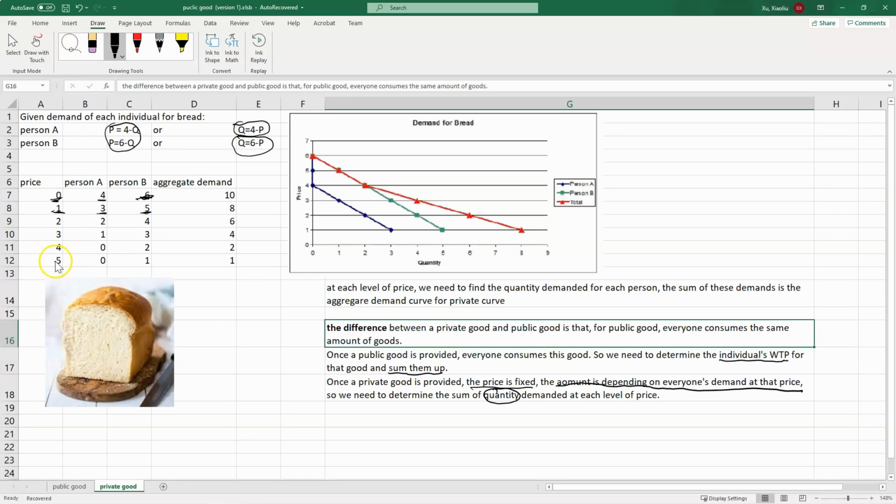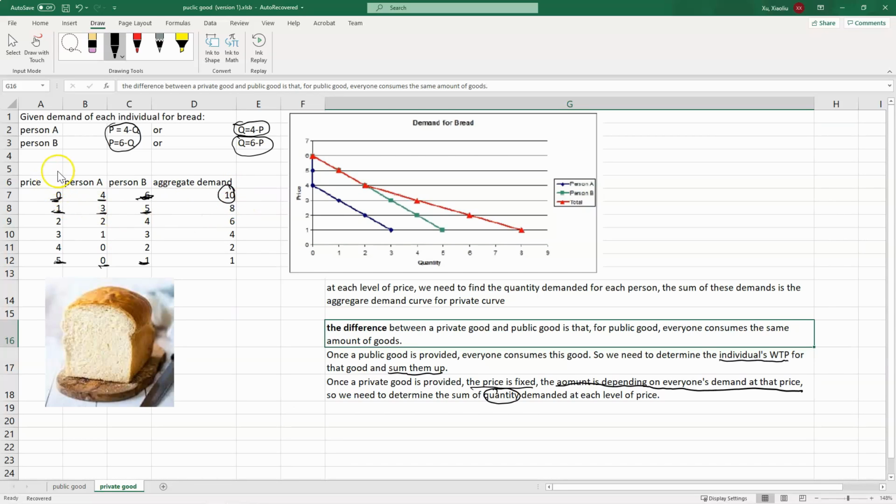If the price is equal to 5, A would demand 0, and also B would demand 0. And then we aggregate the amount A demands and the amount B demands. When we sum those two numbers up, that would be our aggregate demand.